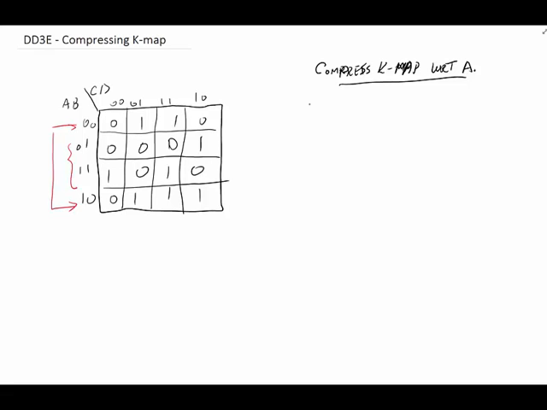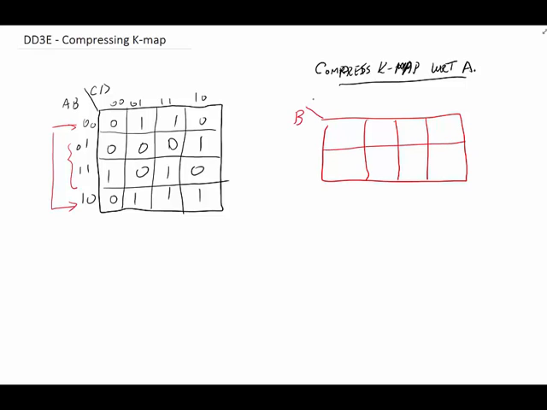So let's go ahead and get over here. If we do not have A in here, and we are compressing the K-map with respect to A, then we'll end up with B here because A is no longer there, and C and D.